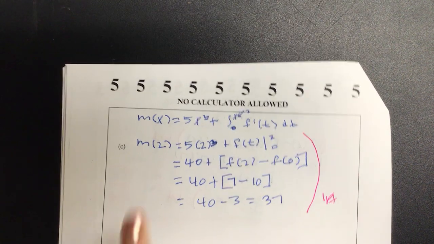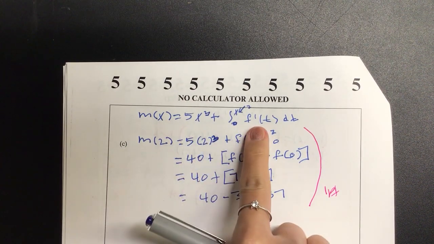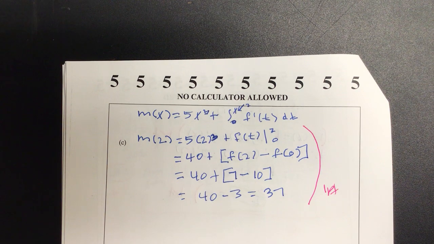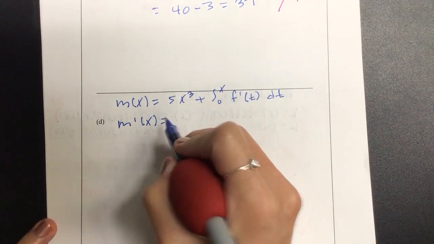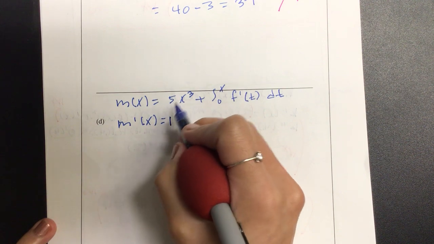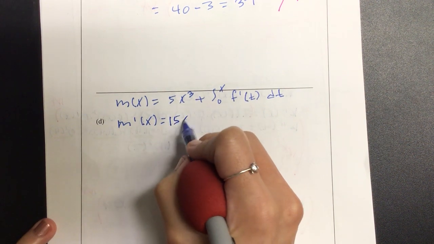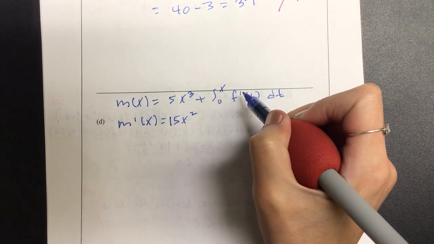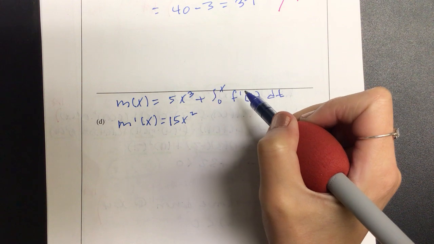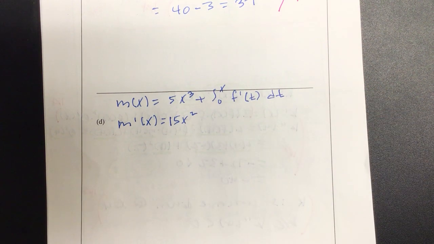A while ago, we took the 2 and just directly substituted in. We didn't do any operation, right? This time, we have to actually derive it, and that's going to matter on the second part. The derivative of 5x cubed is 15x squared. So now, when I derived the integral of that derivative, I can only cancel out one integral and one derivative, correct?